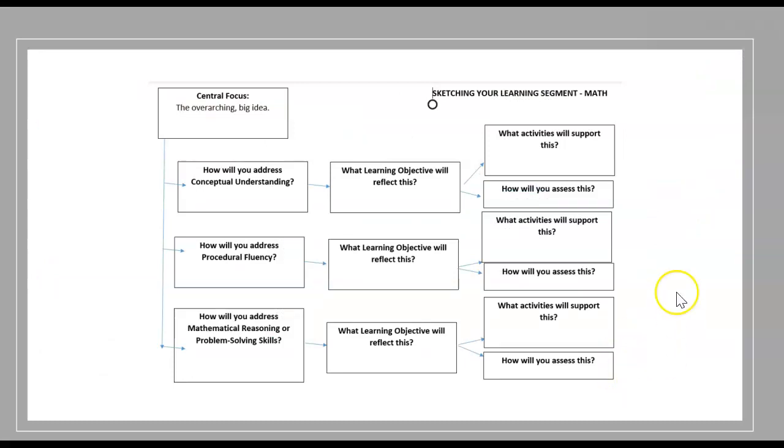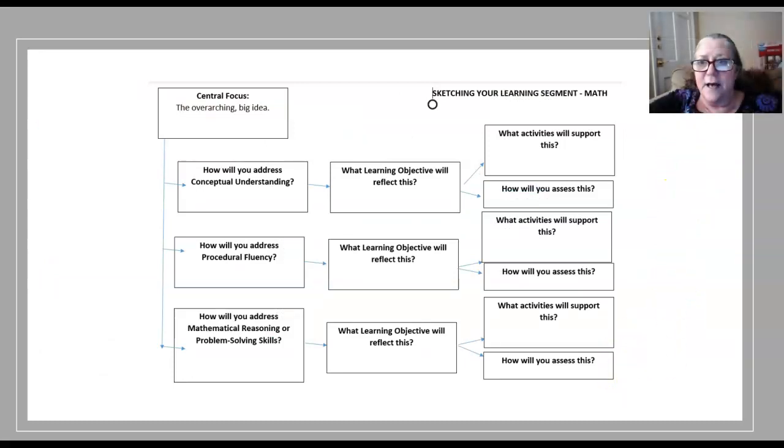Let's take a look at the math. This is something you can use to sketch out your elementary math. Also, secondary ed math. This is you too. You should be recognizing these as your SSE, your subject-specific emphasis. So start with your central focus. And these are not lesson 1, lesson 2, lesson 3. These are how in your learning segment.